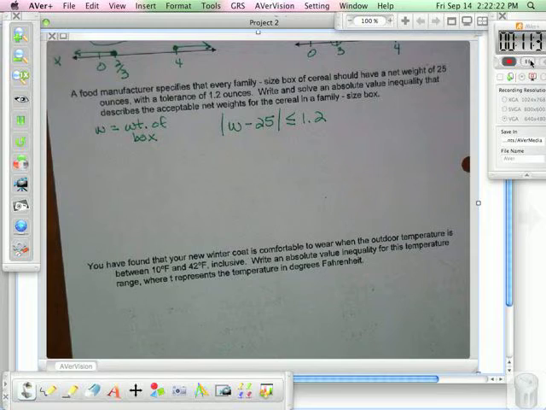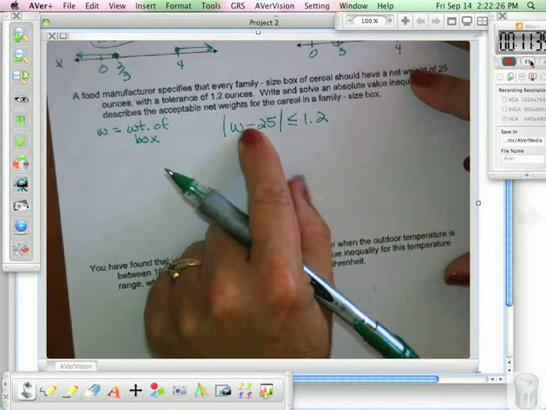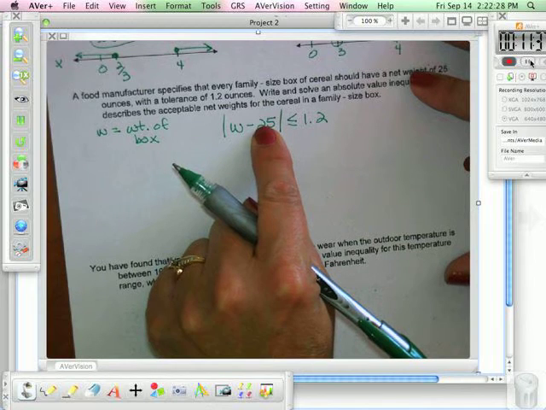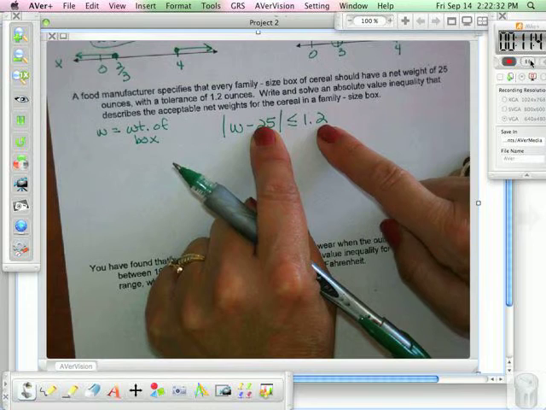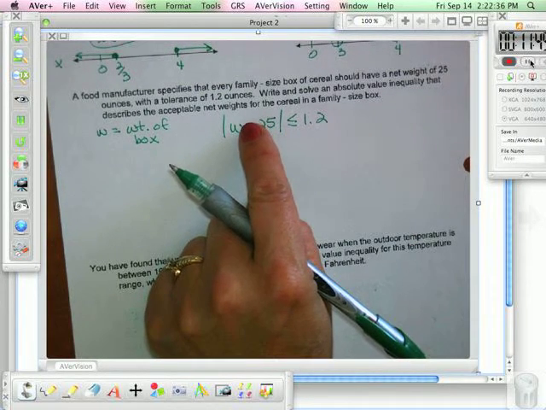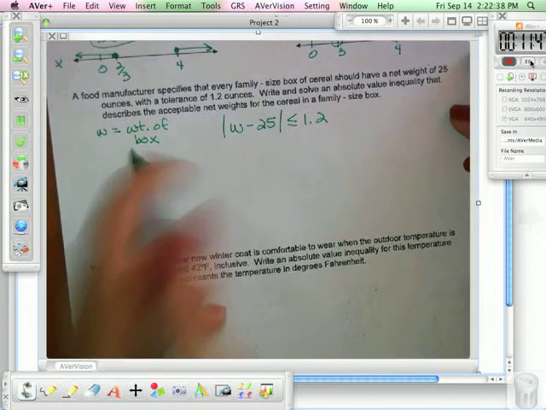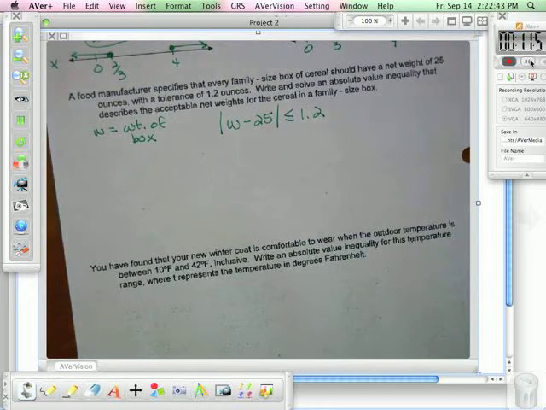So let's say your box weighed 23 ounces. 23 minus 25 gives me -2. If I take the absolute value, does it meet the requirements? No. So this is what you're trying to determine with an inequality. If we solve this, it's a less than, so you're going to set it up as a less than AND, right?